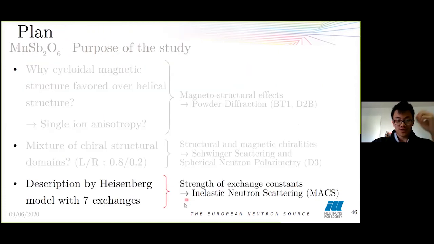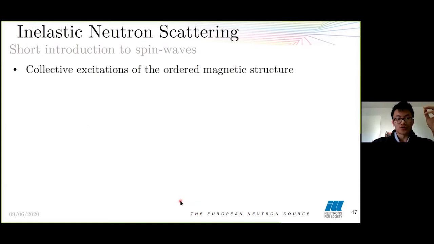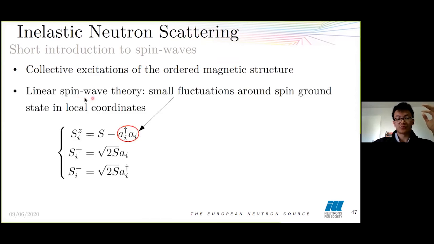So now let me finish with some inelastic neutron scattering. A very short introduction to spin waves. Spin waves are collective excitations of the ordered magnetic structure. If we consider linear spin wave theory, we can think of spin waves as very small fluctuations around the spin ground state S. So they are described by these bosonic operators.